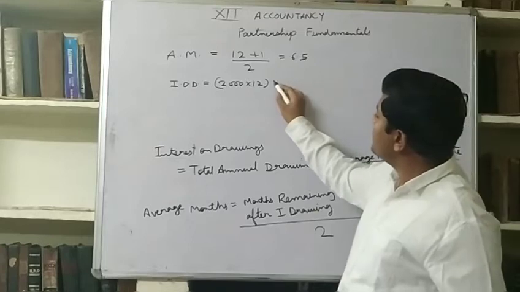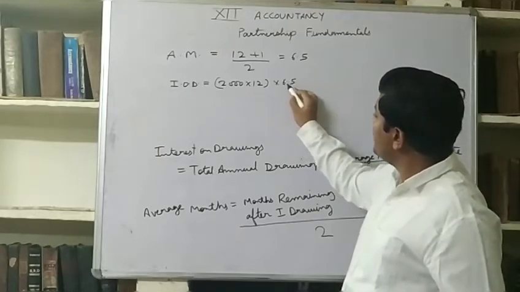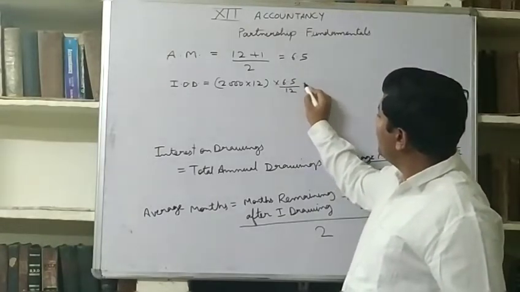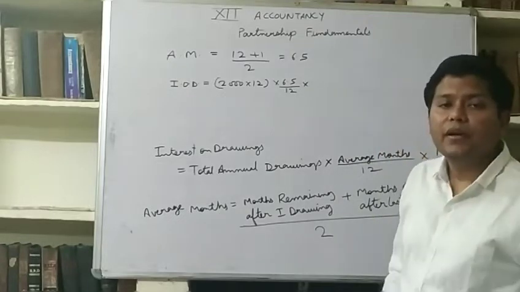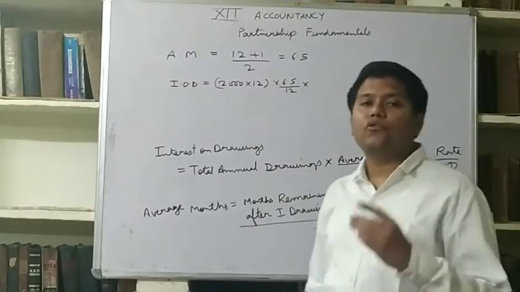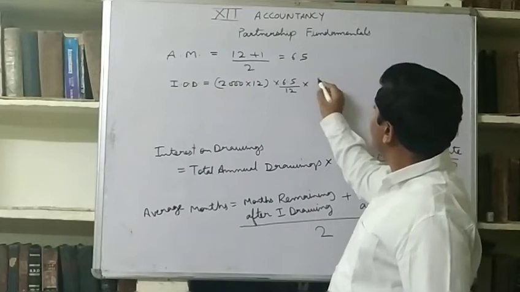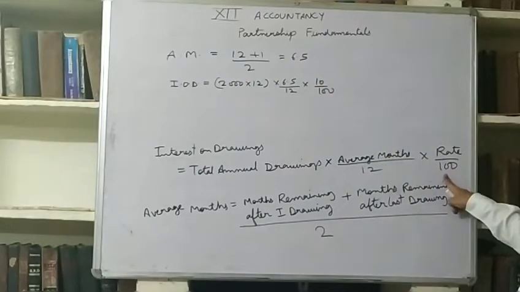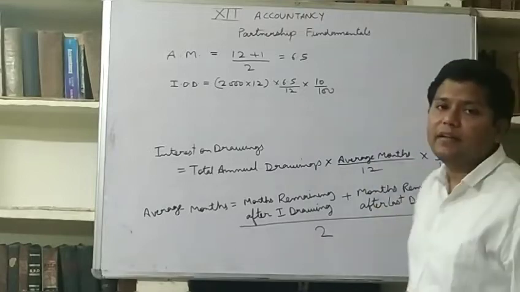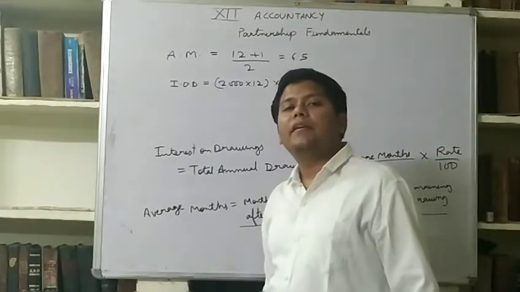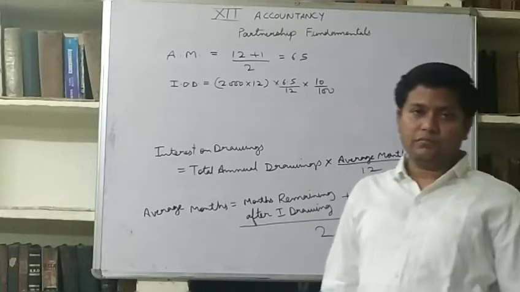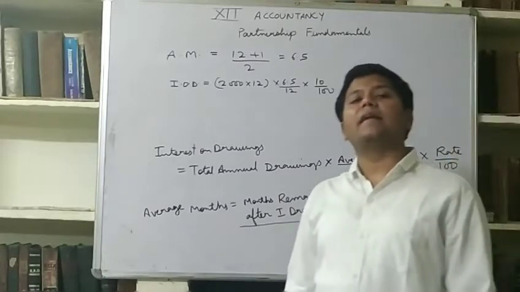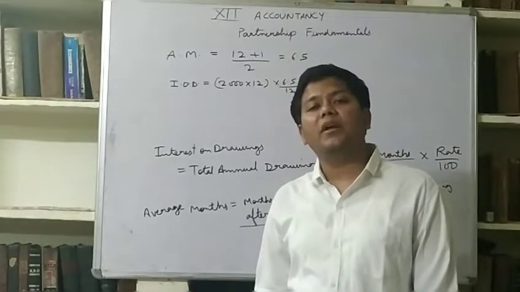What are the average months? 6.5 upon 12, and write down the rate also, 10%, for example, 10 upon 100 into rate upon 100. In this way we can calculate the interest on drawings if he made drawings at the beginning of each month.